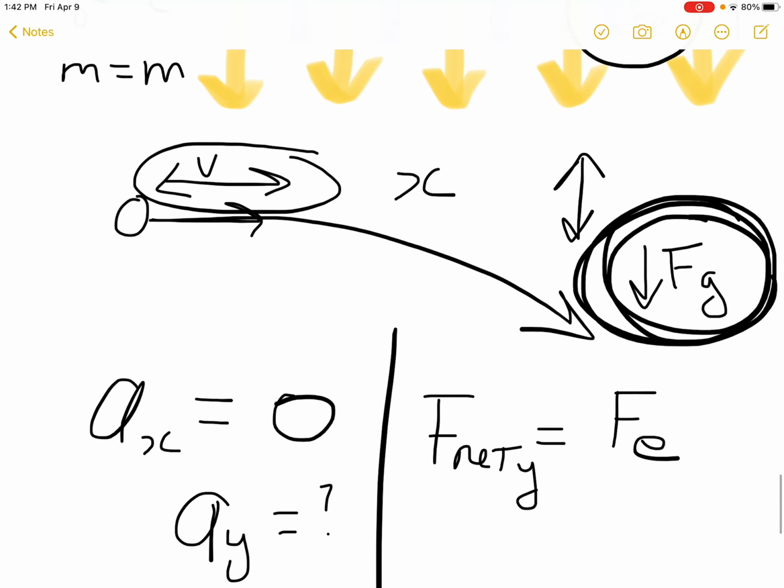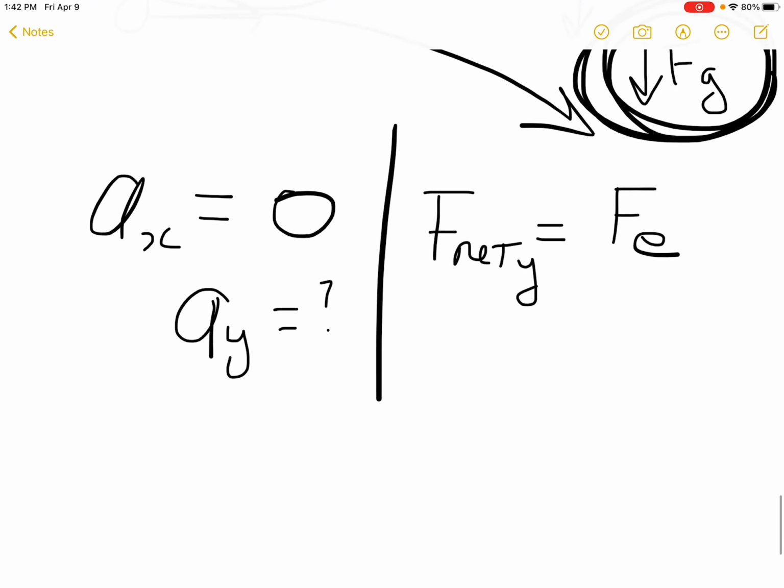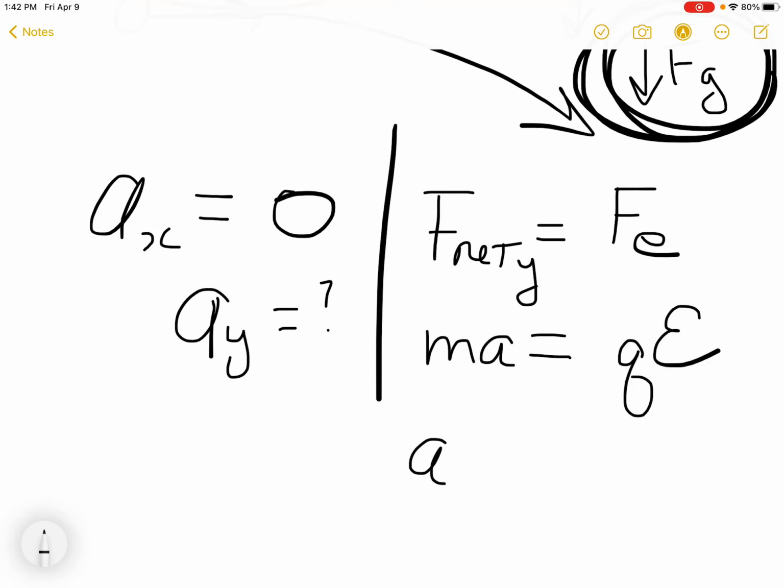So in other words, Fe is replacing gravity in our picture. So ma for the F net y. And how do you do electric force? QE. Remember? Now look at this equation. Just solve for a, and you get QE over m.